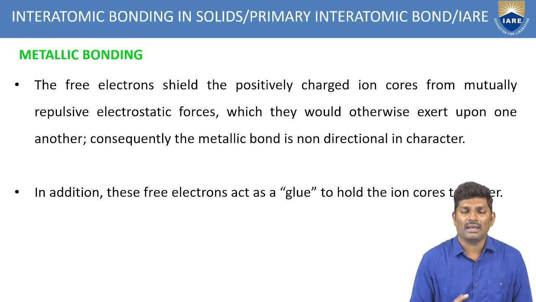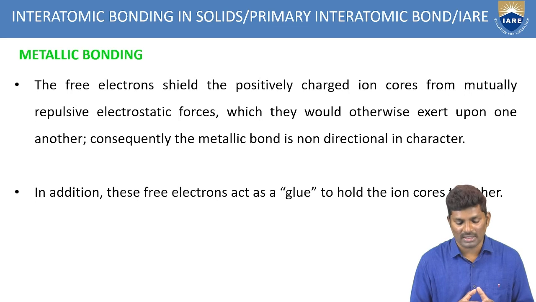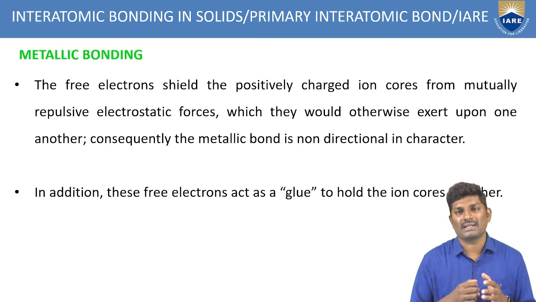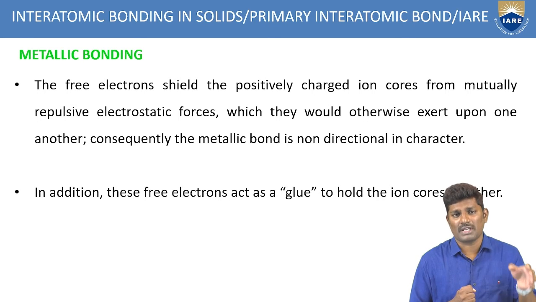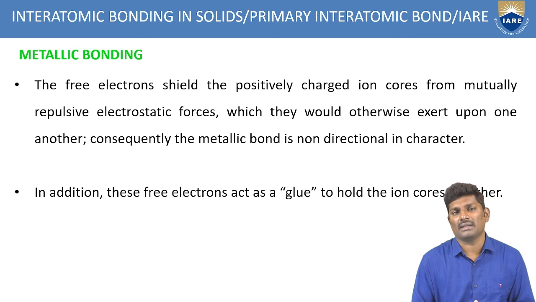Additionally, these free electrons that we see in the schematic figure act as a glue. That means they stick things together; they act as a glue to hold the ion cores together. So the free electrons passing through the metallic elements act as a glue, which is very useful to hold the cores of the elements together in order to get a good, strong bonding.